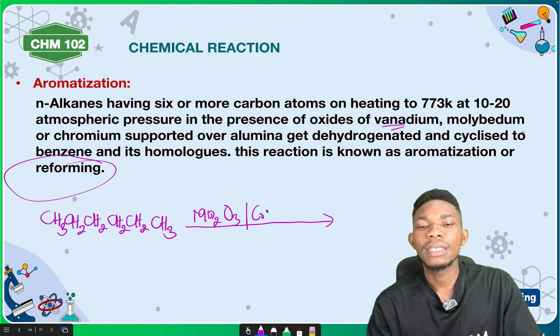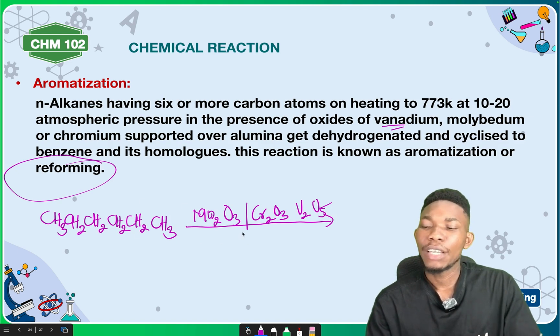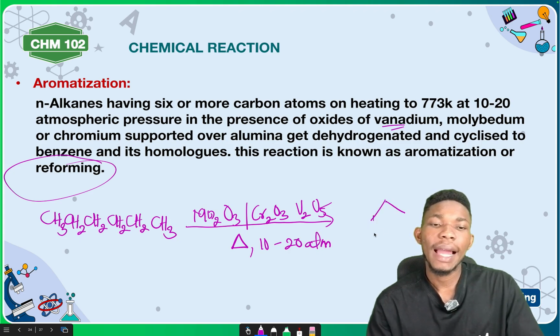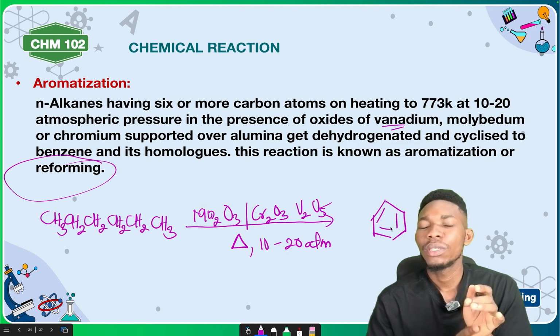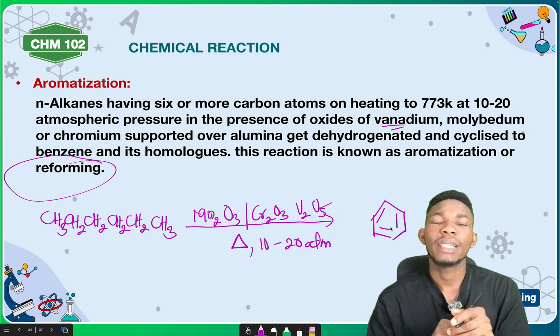Chromium oxide is Cr2O3. And then vanadium oxide is V2O5. And then you heat at a pressure of 10 to 20 atm. This one will cyclize to give us a benzene structure. This process is what we call aromatization.